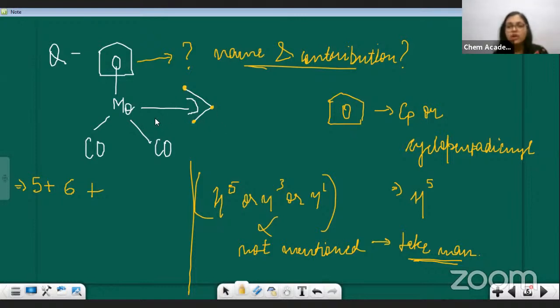So its contribution will be 3, plus 2 for this carbonyl, plus 2 for this carbonyl. The total comes out to be 18 again. Therefore, I can say that this is also stable.